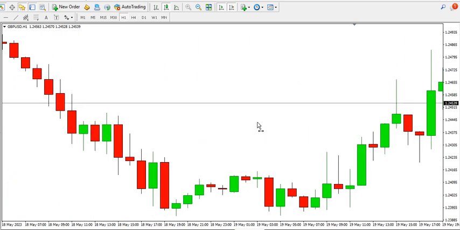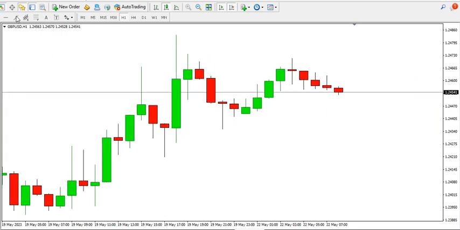Looking at the 1 hour time frame, we can see this ascending trend line, and price has already broken the ascending trend line. And we can see 1, 2, 3, 4 bearish candles forming. Unless we see a bullish candle engulfing all the 4, price might possibly go down.